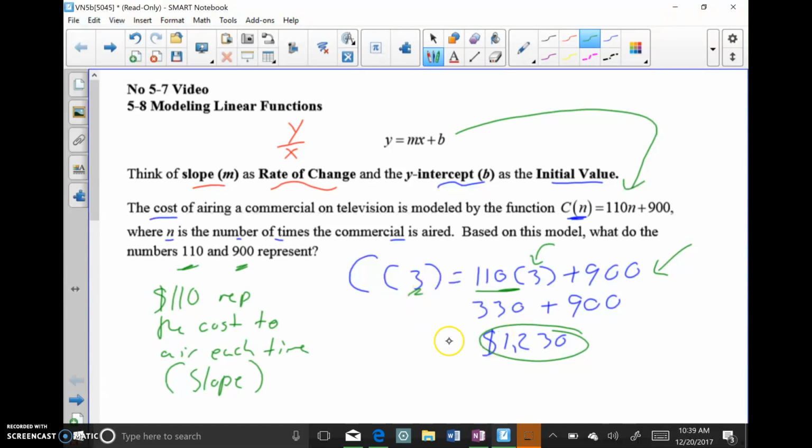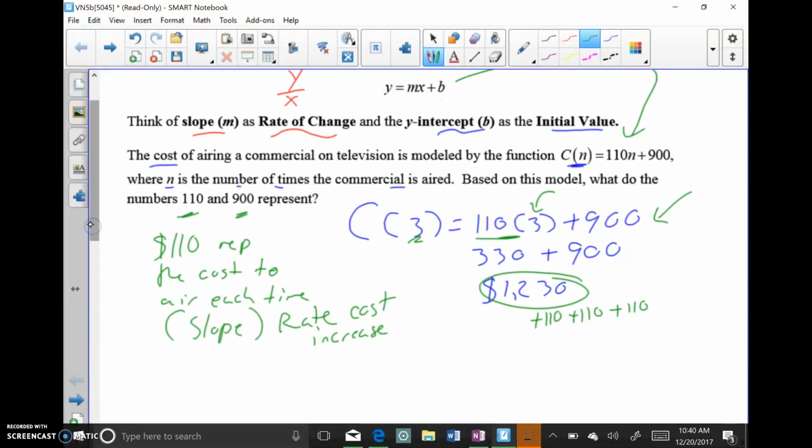If I wanted then to go 5 times, I'd add another 110. So it's plus 110 each time, plus 110, plus 110. Every time I air the commercial, it's another $110. That's the rate at which my cost is increasing. So it represents the cost to air each time, or the rate of cost increase is a good way of thinking about it too.